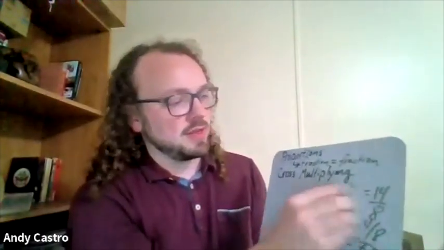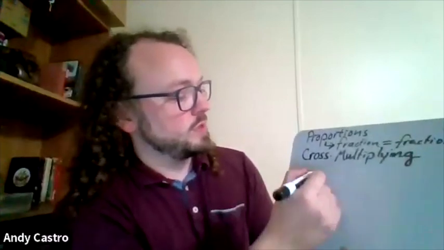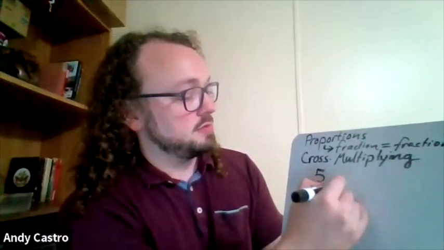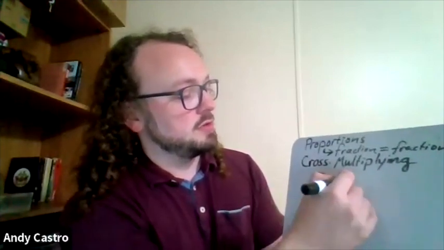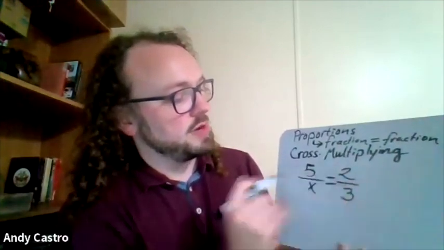Let's do one more like that before we step it up a little bit more. It's got 5 over x equals 2 over 3.